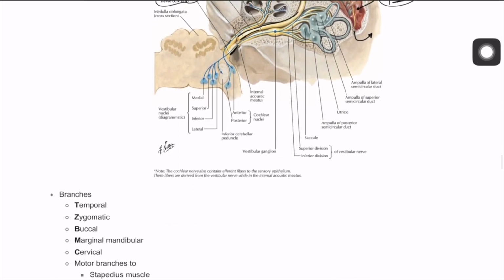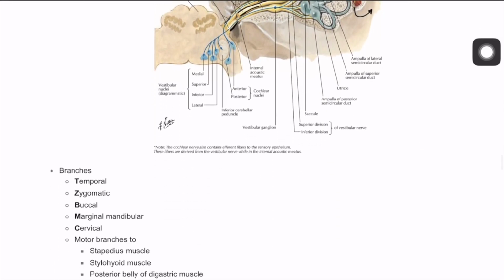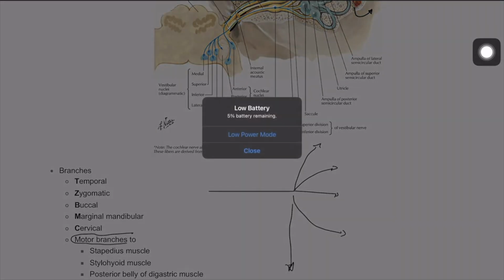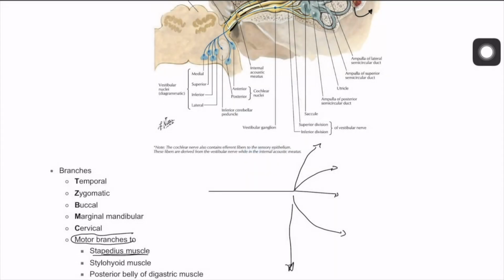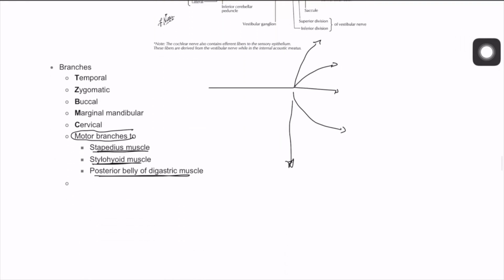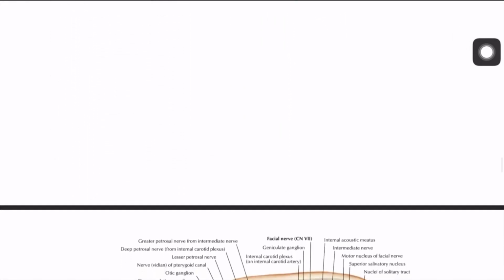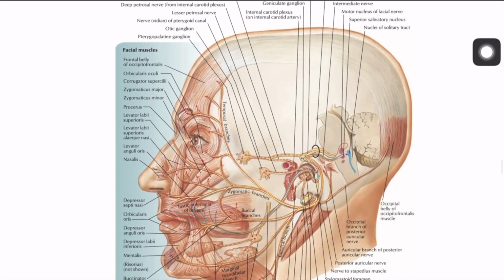So the branches at the end, when it comes out of the substance of the parotid gland, are the temporal branch, zygomatic branch, buccal branch, marginal mandibular branch, and cervical branch. As we said earlier, it gives branches to the stapedius muscle, the stylohyoid muscle, and the posterior belly of the digastric muscle as well. So these are the branches.